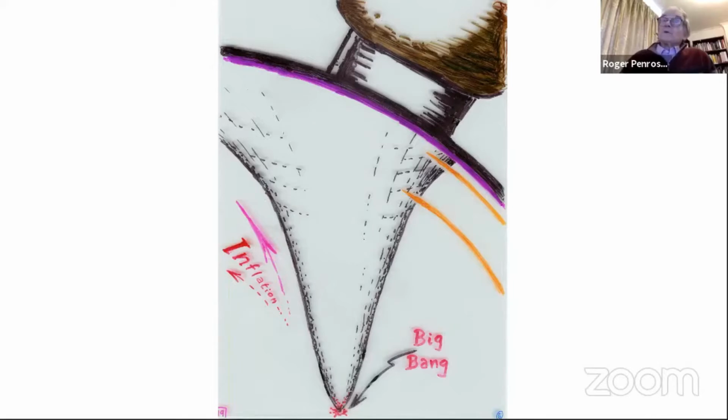But one of the other arguments that people use is, okay, the Big Bang could have been very complicated and maybe all sorts of wild Weyl curvature, whatever you like, but then the inflationary phase would have smoothed it all out, and then we have this very smooth looking Big Bang that we seem to experience.